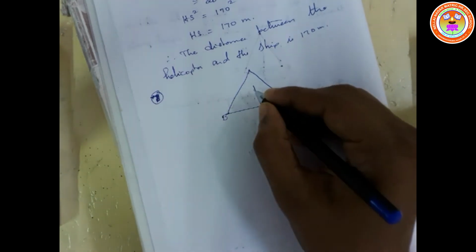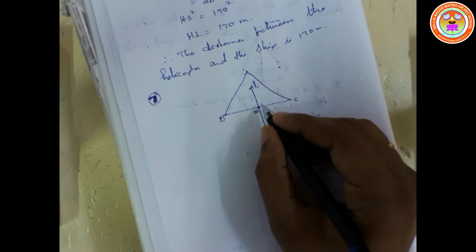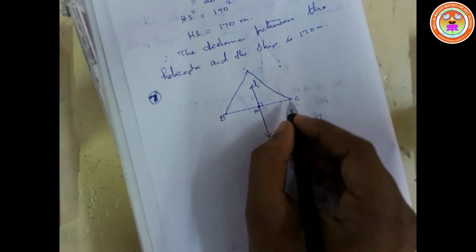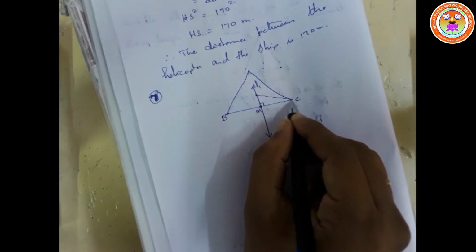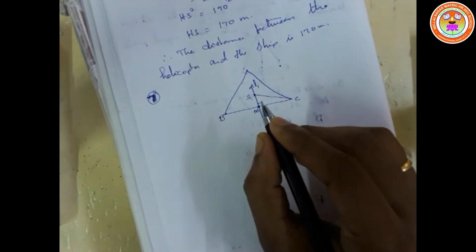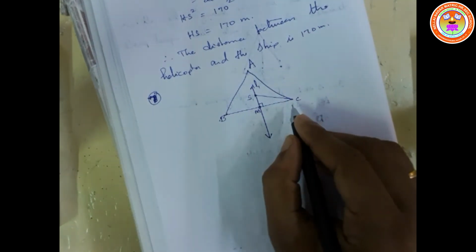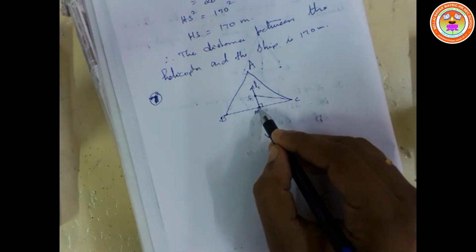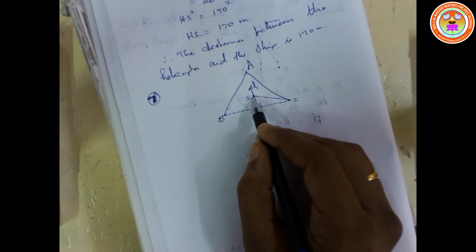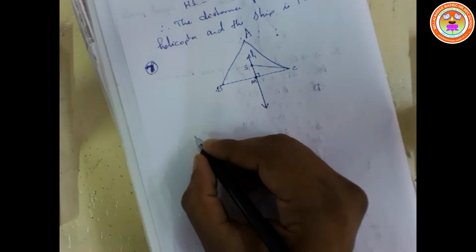Call this line L1, and this point is the midpoint, that is M. This is 90 degree, and draw a line from the perpendicular bisector line to C. Mark this point as S. Let this vertex be A. ABC is the triangle, and draw a perpendicular bisector L1 which passes through the midpoint M, and draw a line from S to C. They are asking what is the length of SC. That is the question. So this one we have to explain somewhat.